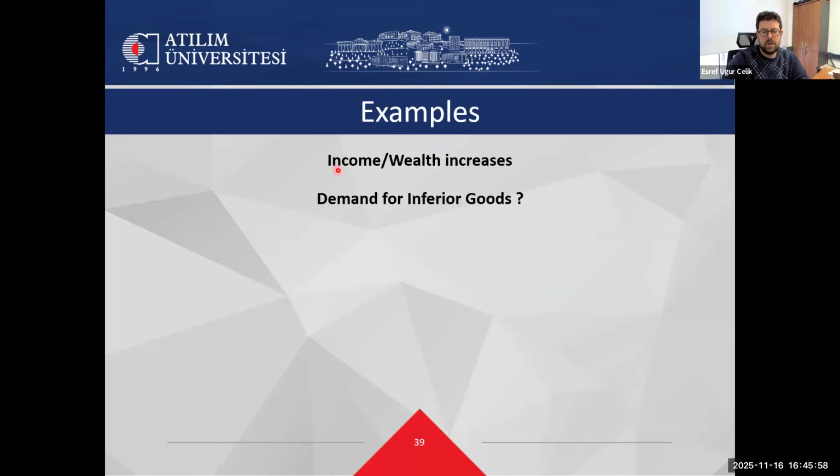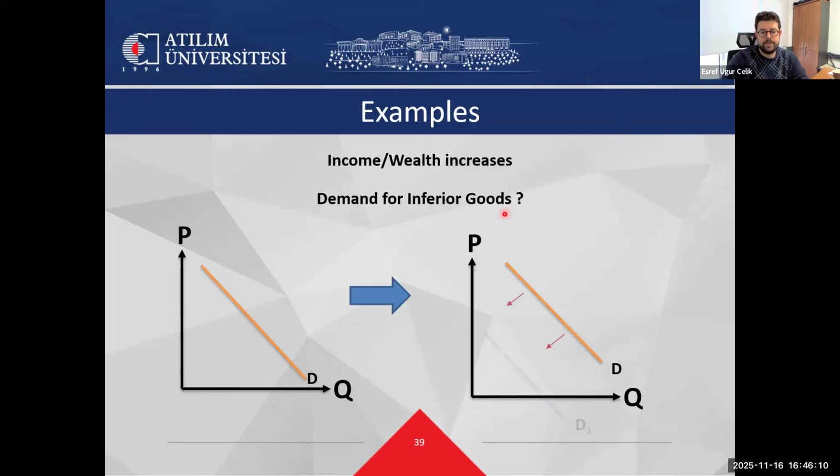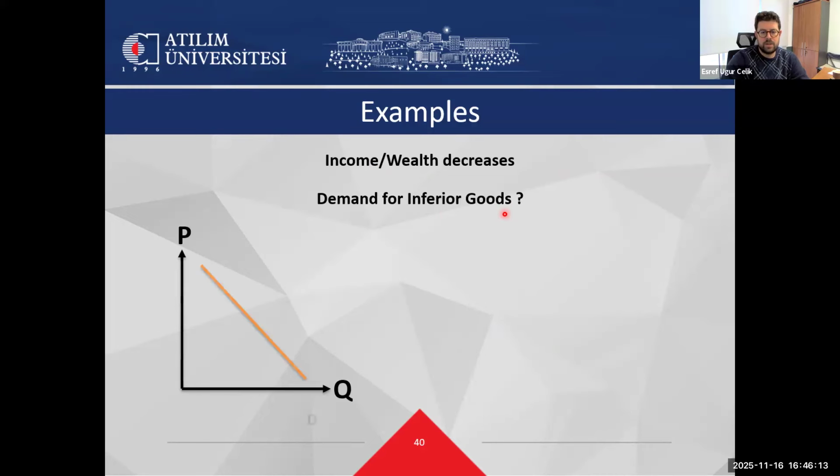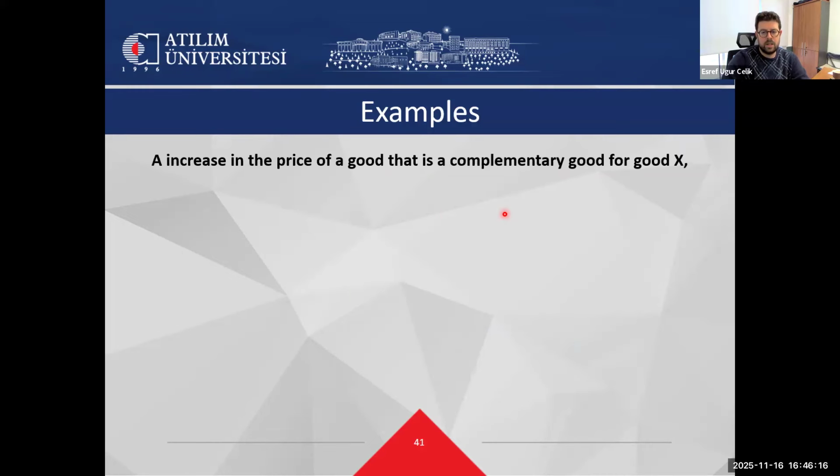This time inferior goods. When income increases, what happens to demand for inferior goods? I remember the negative relationship, so the demand curve is shifting to the left. And vice versa. An increase in the price of a good that is a complement of X. I remember the negative relationship, so demand falls and the demand curve is shifting to the left.